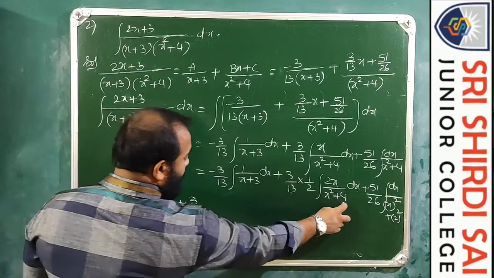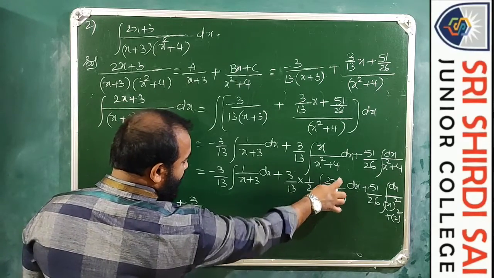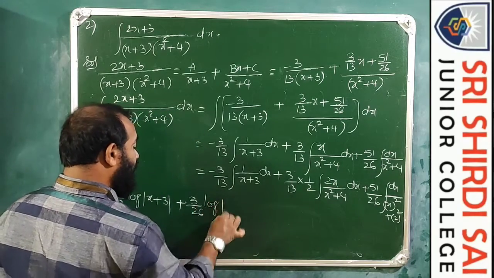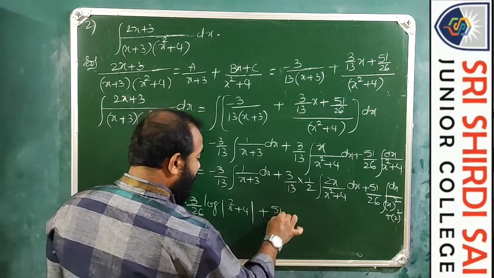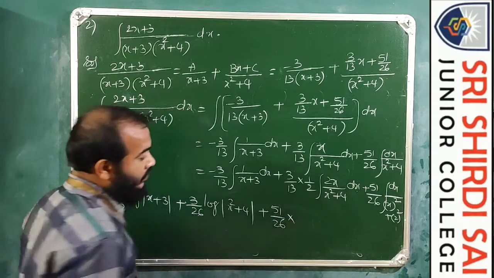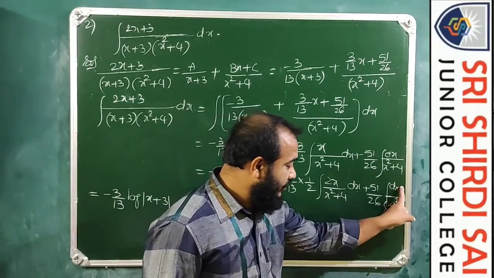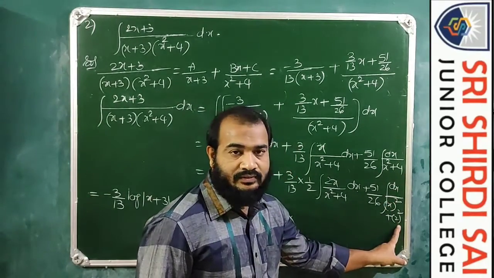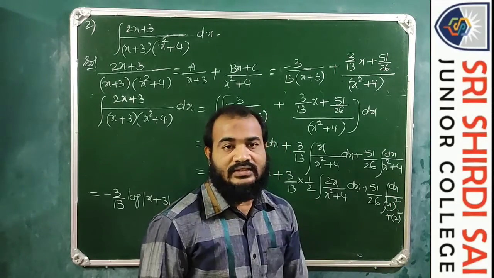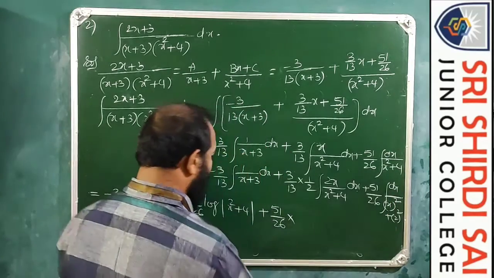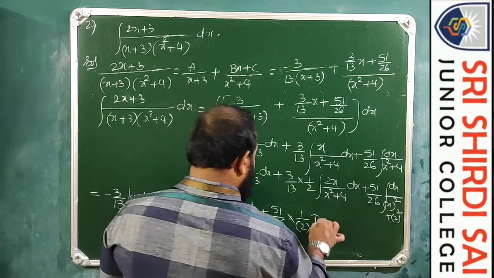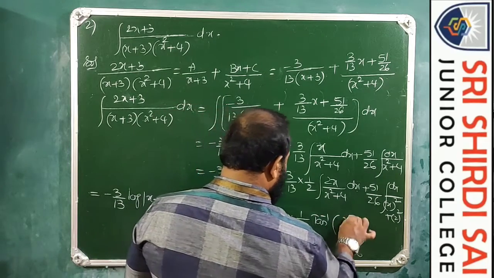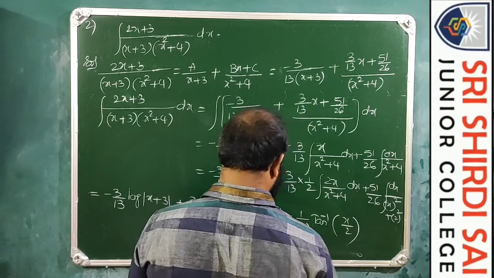This is x square plus 4 whose derivative is 2x. So f dash x by f of x is log modulus of f of x, plus 51 by 26 into, this is of the form 1 by (x square plus a square) dx. Integral 1 by (x square plus a square) dx is 1 by a tan inverse x by a. So 1 by a is 2. Tan inverse x by a, x by 2.